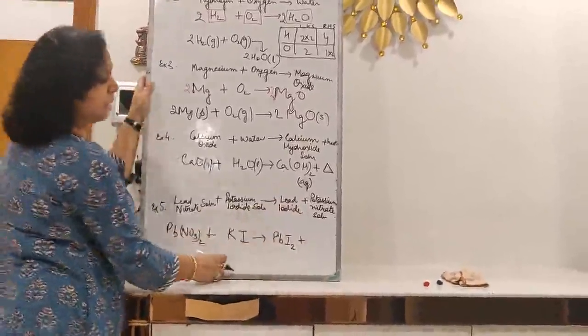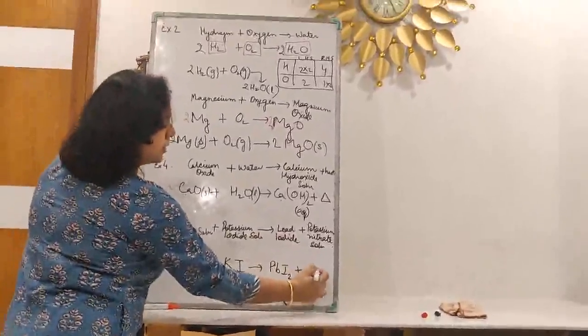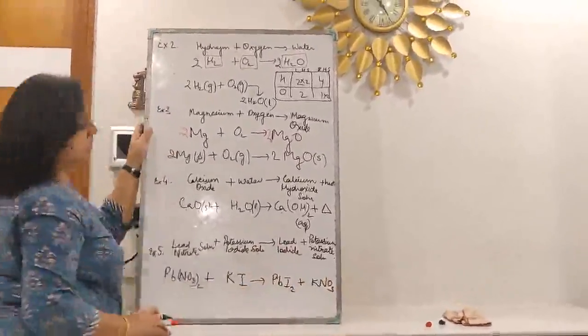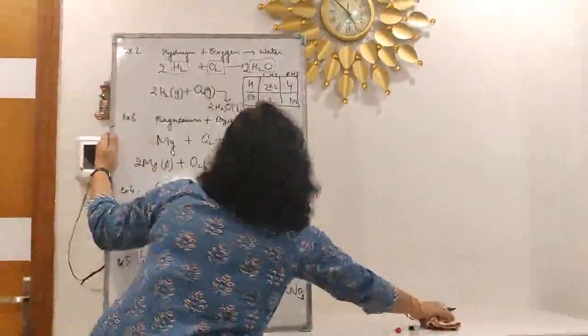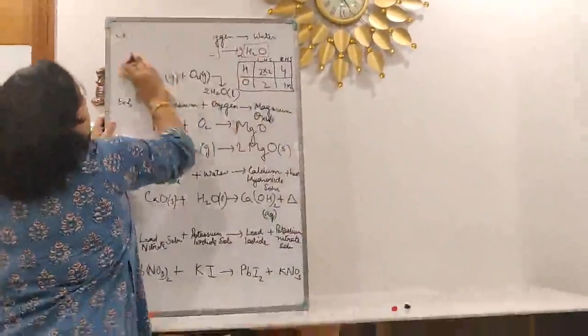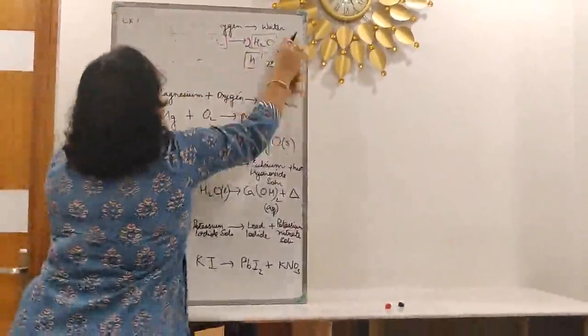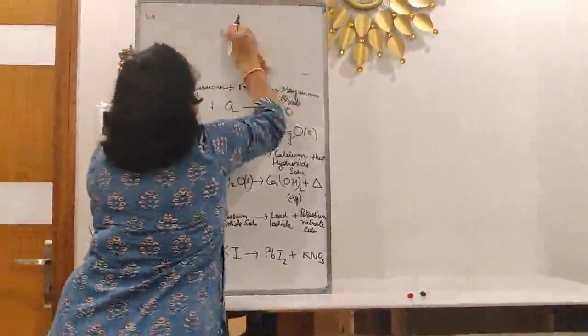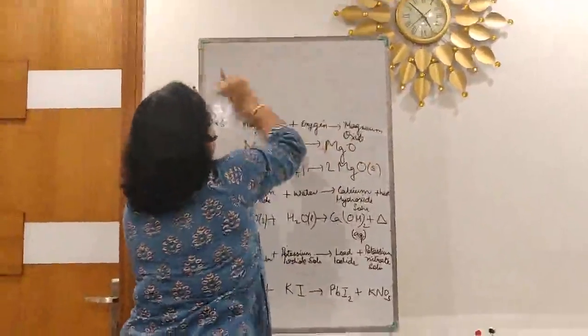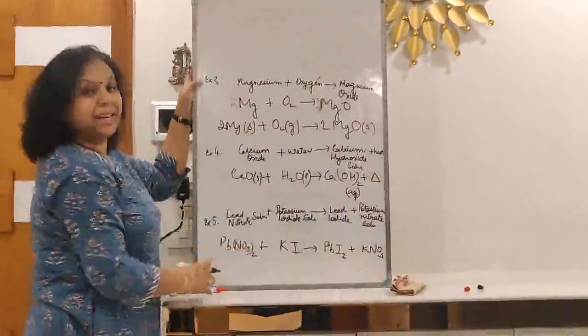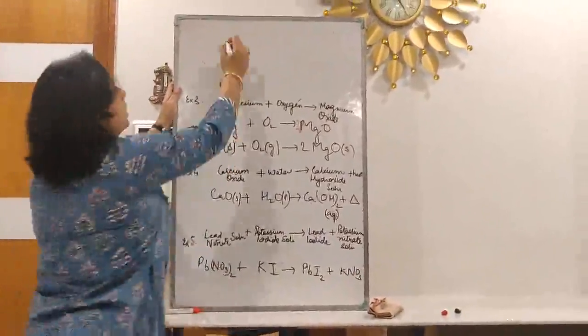And potassium nitrate solution is KNO3. Now this is a little different, this type of equation which involves many elements.